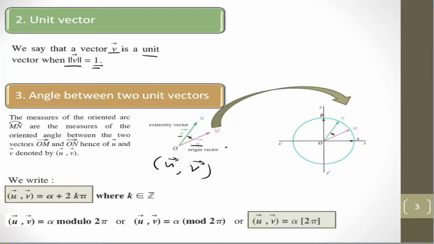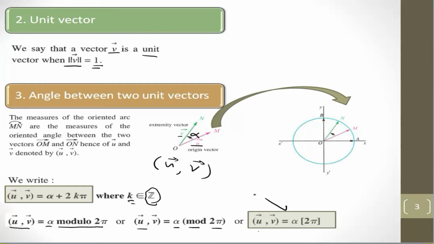We write the angle (u, v) equal alpha plus 2k pi, where k belongs to Z, meaning a positive integer, a negative integer, or maybe 0. Or we sometimes write (u, v) equal alpha modulo 2 pi, or alpha mod 2 pi, or alpha [2 pi], which is called modulo 2 pi.